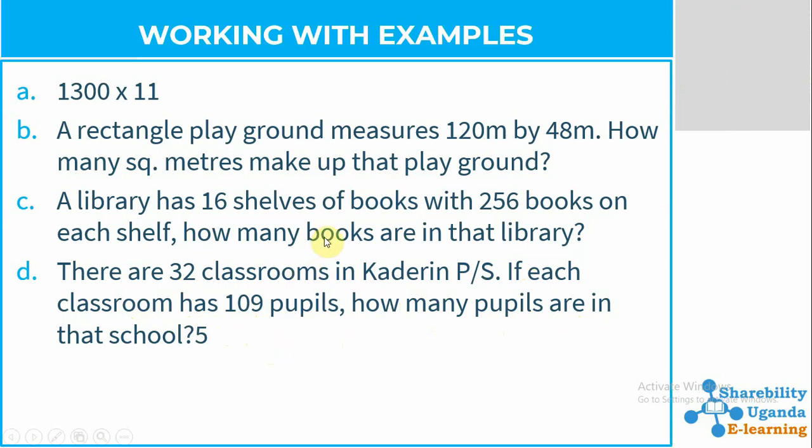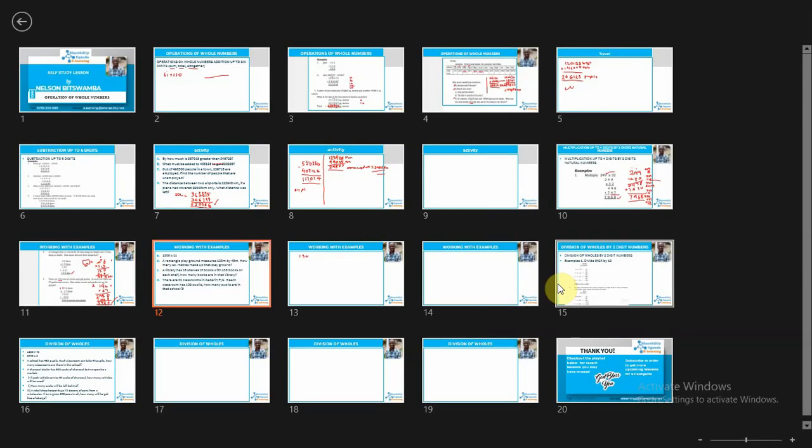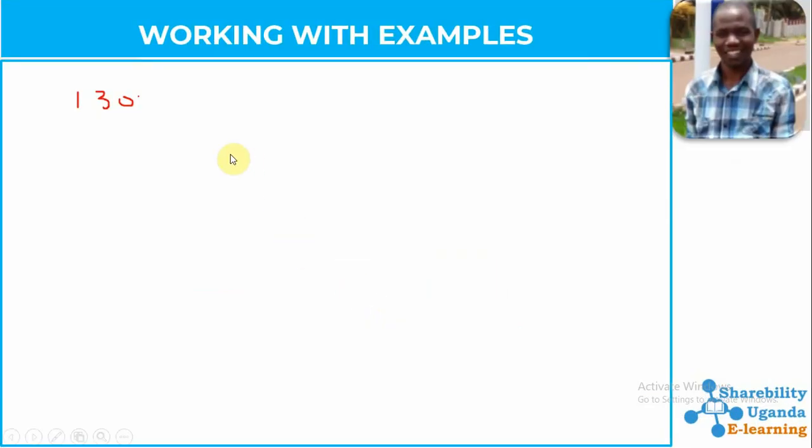So let's start with part C, of shelves. They want us to find how many books are in that library.